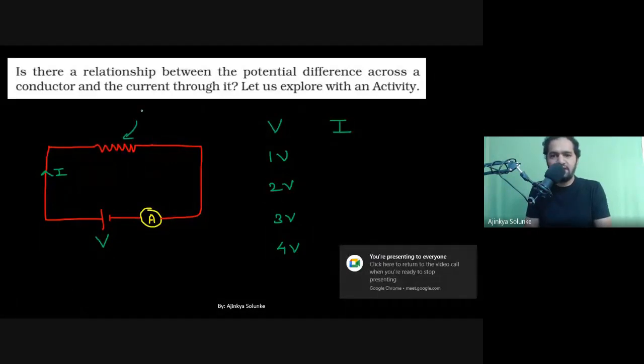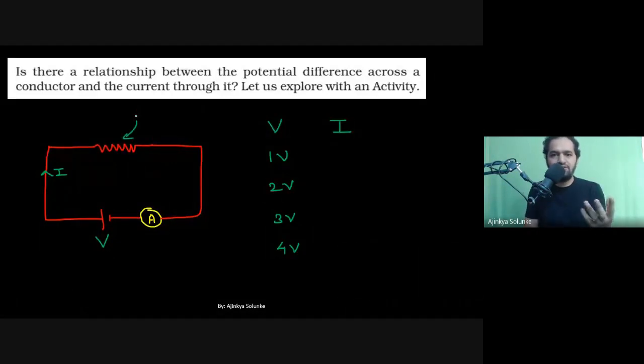Somebody might connect a TV, somebody a sound system, somebody something else. So we don't know what current he received, because we don't know the device. But we do know that he increased the potential difference each time, 1 volt, then 2 volt, then 3 volt battery, replacing it each time, and found the current corresponding to each potential difference.